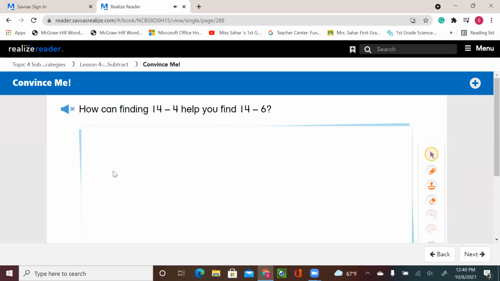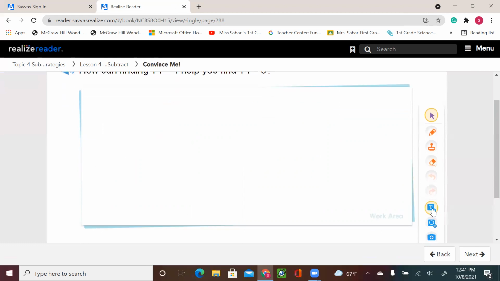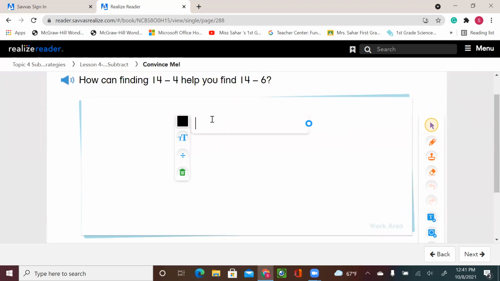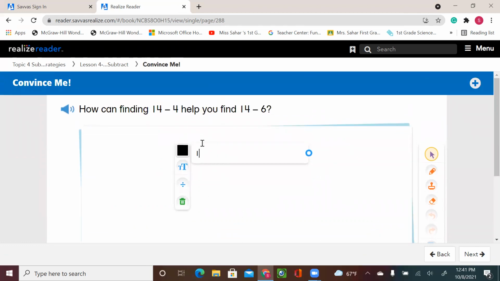How can finding 14 minus 4 help you find 14 minus 6? All right. So if I subtract 14 take away 4, that's 10. Let's write it down. 14 take away 4 equals 10. Very good.